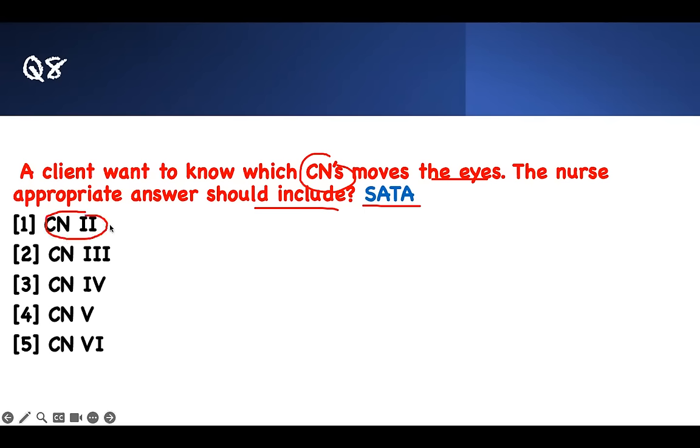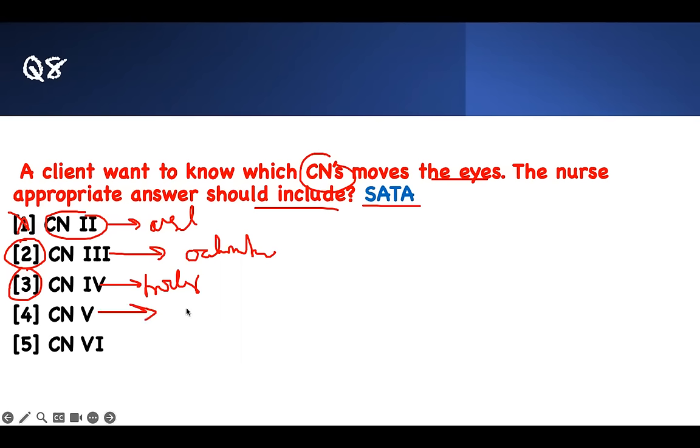The optic does not. It gives you just visual acuity, so it's wrong. This is oculo, the name, oculo, eye motor movement. So this is okay. This is trochlear. That's good. 5 is sensation of the face, and 6 is abducens.